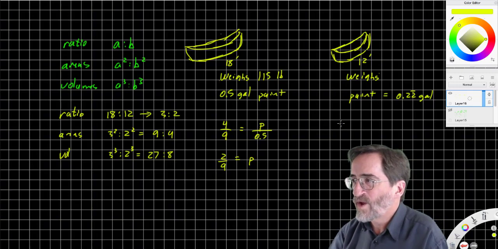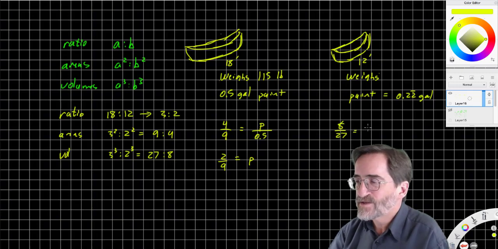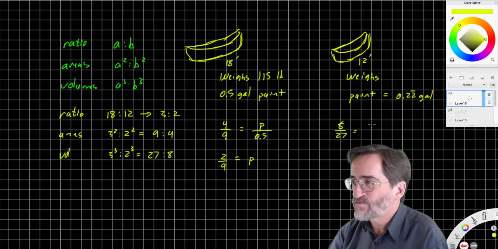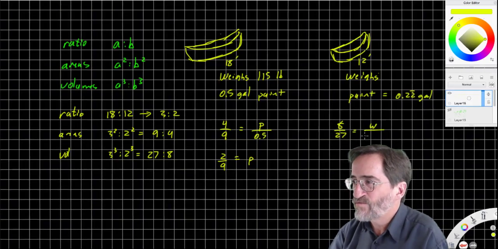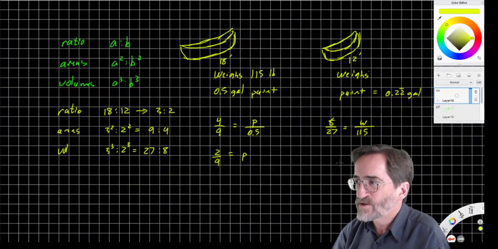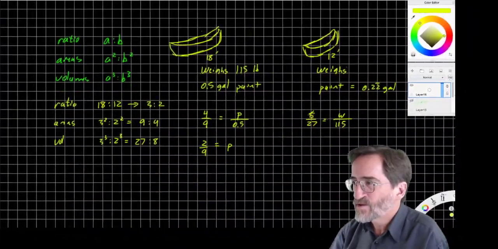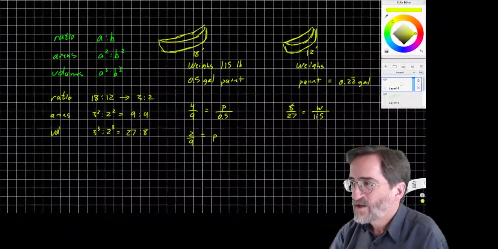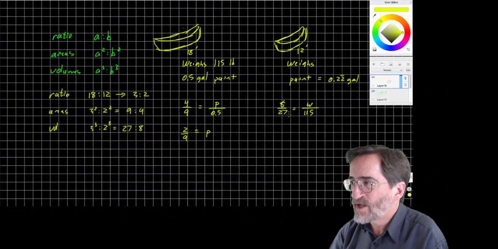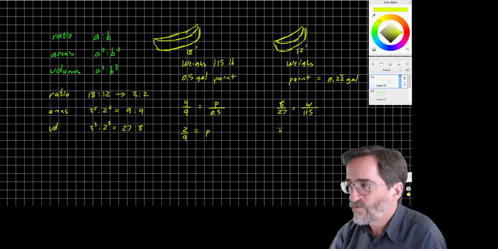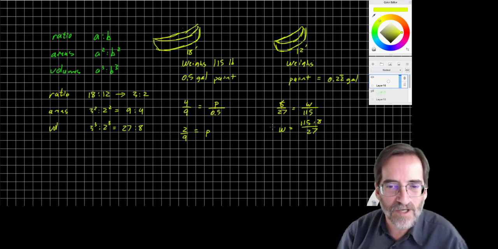So for the weight of the canoe, I'm going to do small to big. 8 is to 27 as the weight of the small canoe, we'll do W for weight, is to the weight of the big canoe, 115 pounds. So cross multiply and divide: 115 times 8 divided by 27. I'm not going to try to do that in my head.